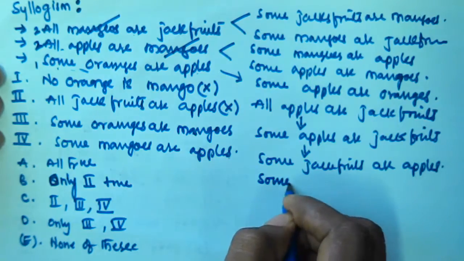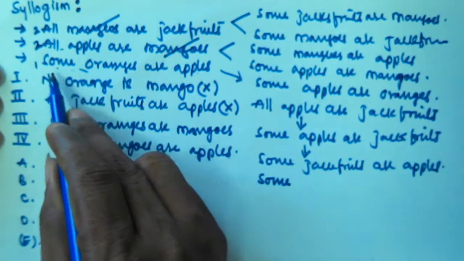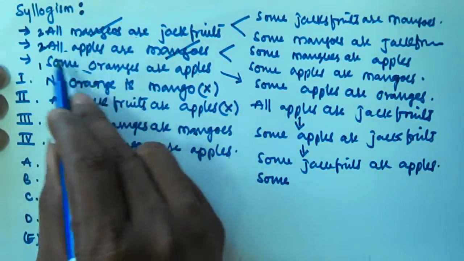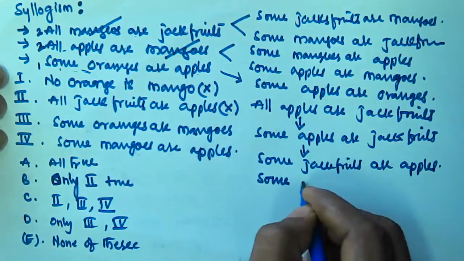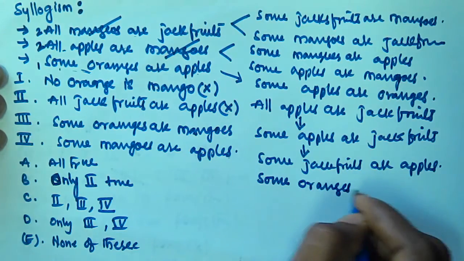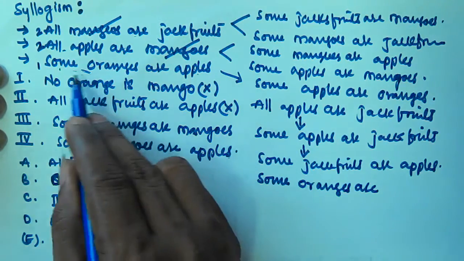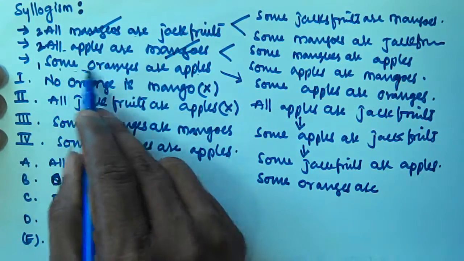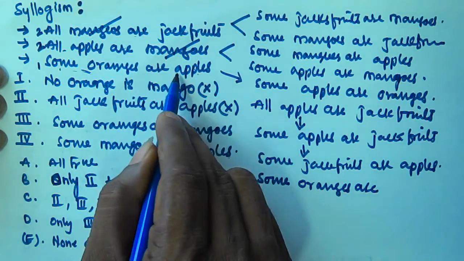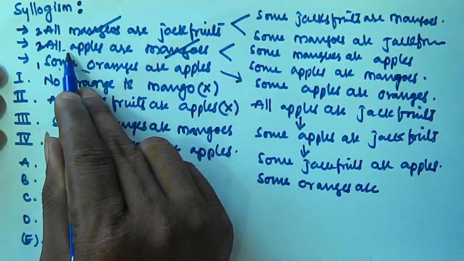So we take the subject from the first one, some oranges are. Here the predicate of the first statement, apples, is equivalent to the subject of the second statement.